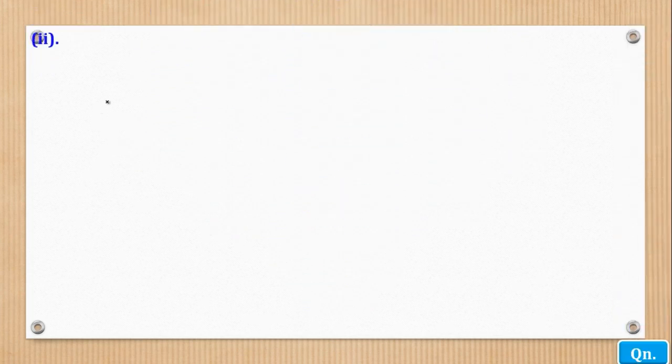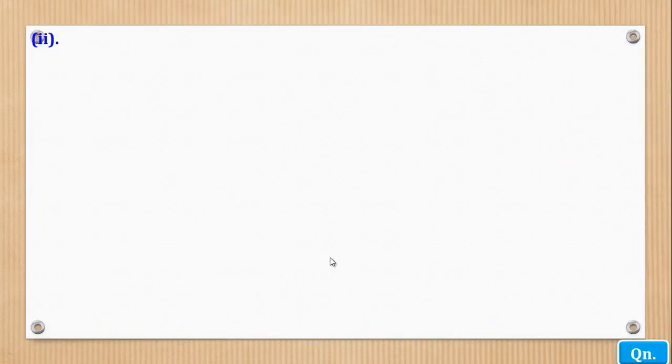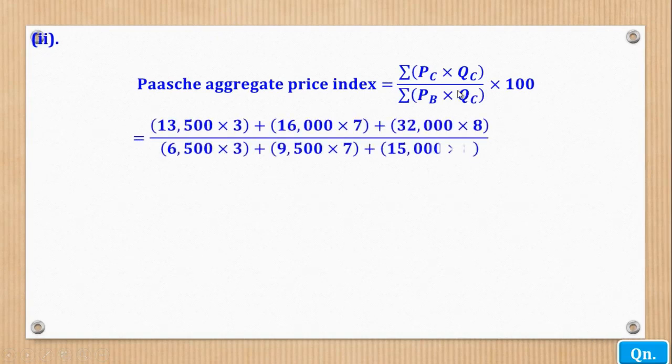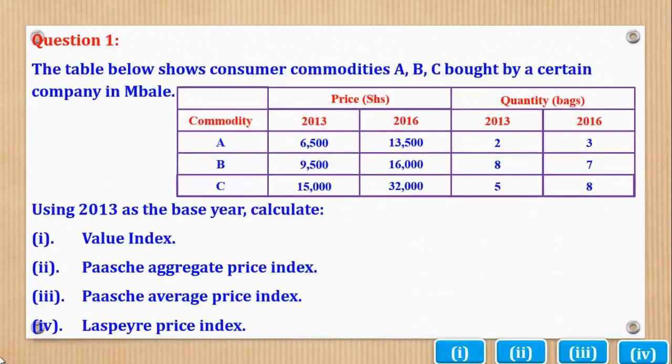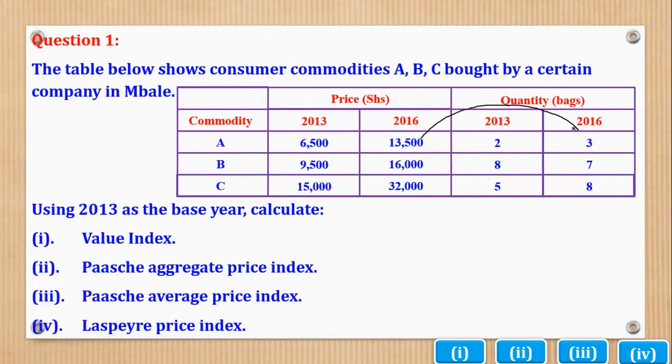So now we shall go to Roman 2. They wanted the Paasche aggregate price index. Remember, Paasche uses current year quantities. Therefore you'll come and quote the formula. Then from there you're going to substitute. Substituting, you must realize that it uses only current year quantities. Therefore, if you go back here, for the numerator, it will be PC Q C. So this times this times this, and this times this.